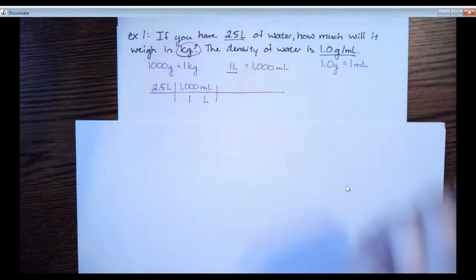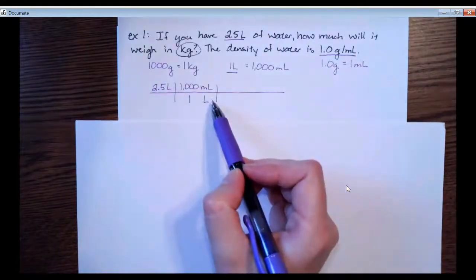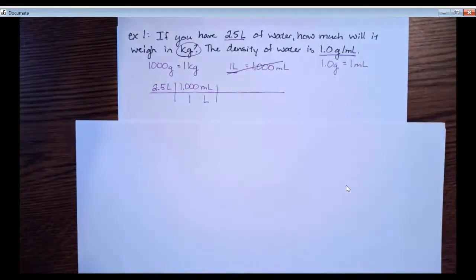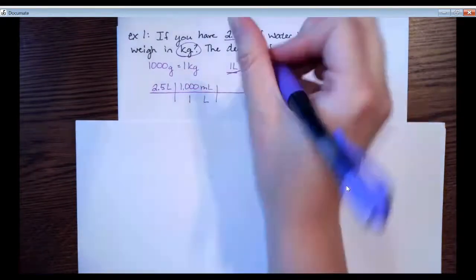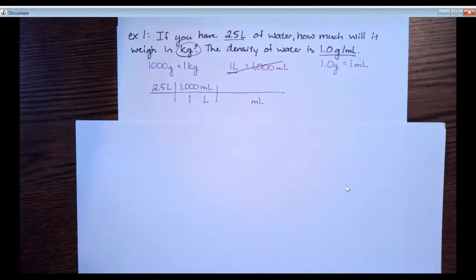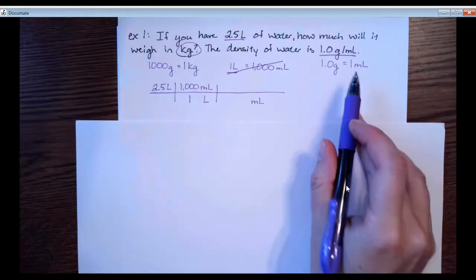Again, I know liters must go on the bottom because my units need to cancel out. So I've used that conversion factor. Now, if I have milliliters on top, I need to have milliliters on the bottom because I need to cancel out that unit. So if I look at my remaining conversion factors, the next one I need to use is this one right here.